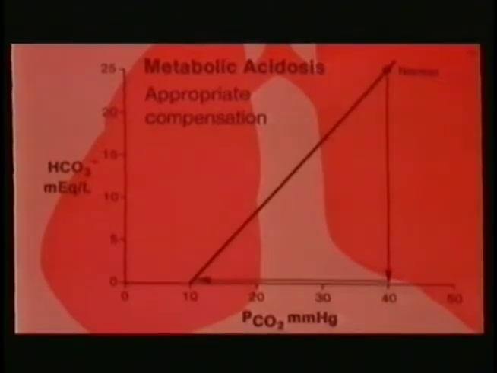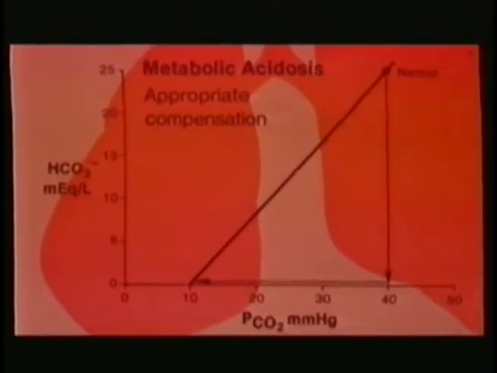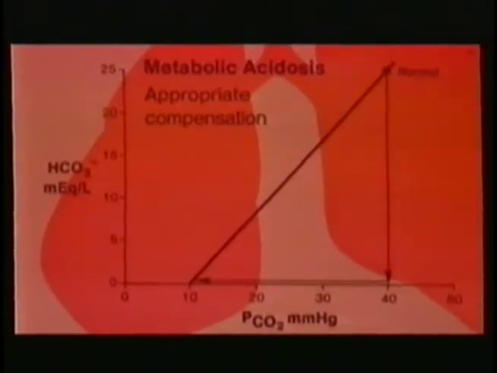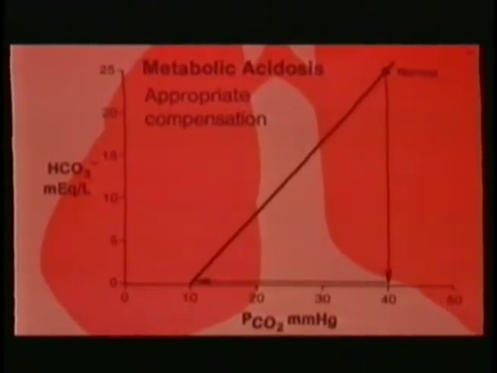For example, when additional hydrogen ion reduces bicarbonate concentration from 25 milliequivalents per liter to nearly zero, increased ventilation reduces carbon dioxide tension by 30 millimeters of mercury. In patients who ventilate appropriately in compensation for uncomplicated metabolic acidosis, there is a 1.2 to 1 relationship between carbon dioxide and bicarbonate.